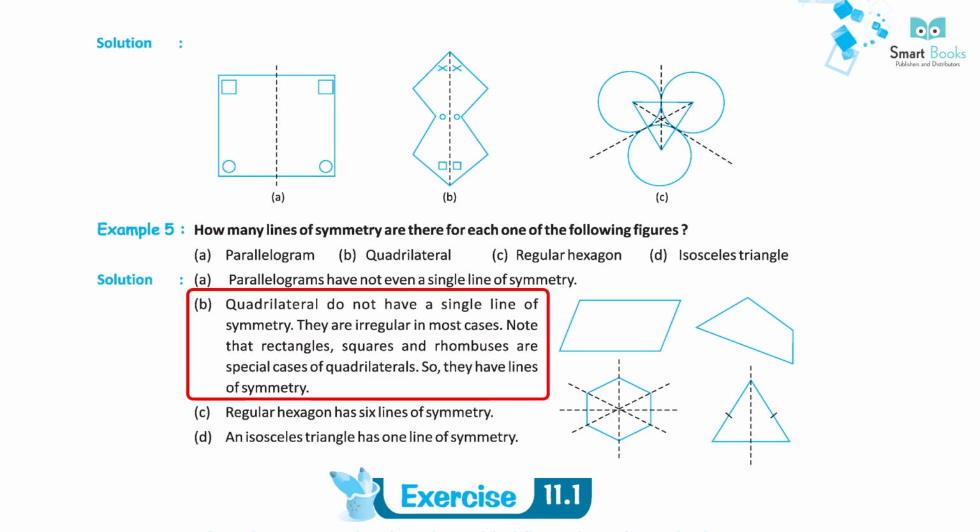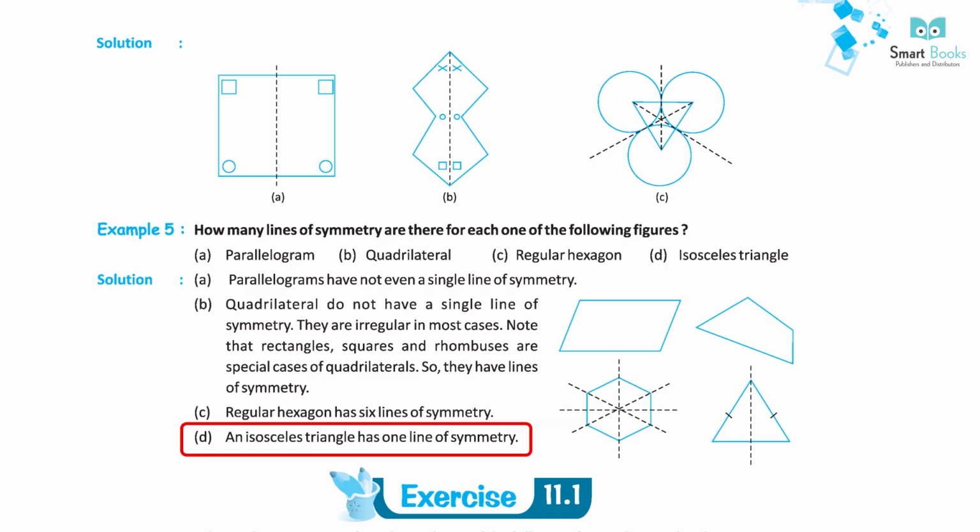They are irregular in most cases. Note that rectangles, squares and rhombuses are special cases of quadrilaterals, so they have lines of symmetry. C. Regular hexagon has 6 lines of symmetry. D. An isosceles triangle has 1 line of symmetry.